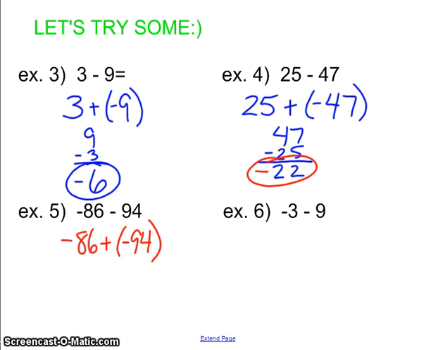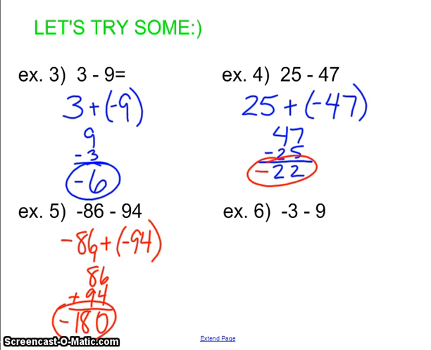I'm going to ignore the signs for now and just focus on the numbers themselves and combine them together. 6 plus 4 is 10, carry the 1. 9 plus 8 is 17, plus another 1 gives me 18. The last thing we need to check here, both numbers in the problem were negative, so I've got to make my answer match the problem, negative 180.